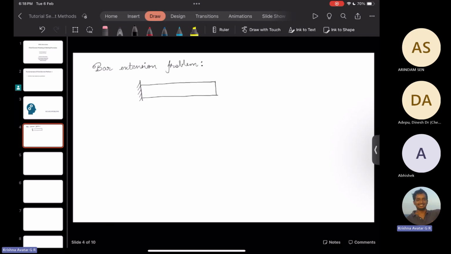This is uniform, which means that the quantities E and A are constant throughout, and this is the x direction. E here is Young's modulus, and A is the area of cross section.